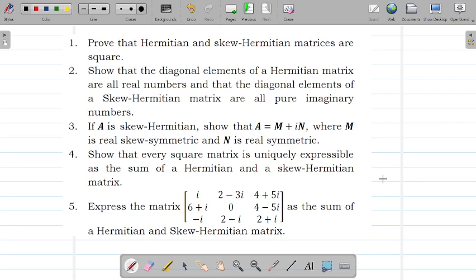When A is Hermitian, we have written A equal to M plus iN, where M is a real symmetric matrix, meaning a symmetric matrix with real entries, whereas N is skew symmetric. But when it comes to skew Hermitian, it is reversed: M is going to be skew symmetric and N is going to be real symmetric. So you try this proof.